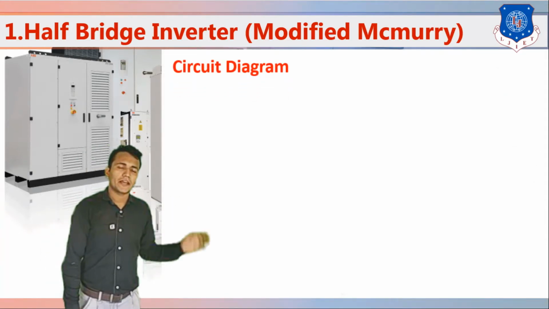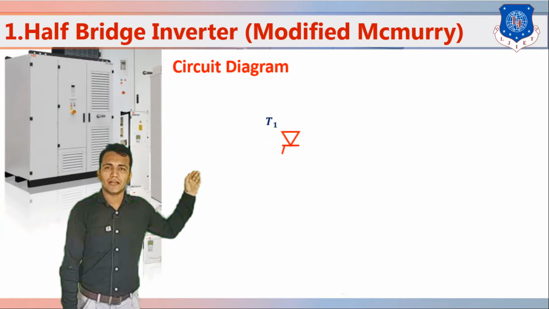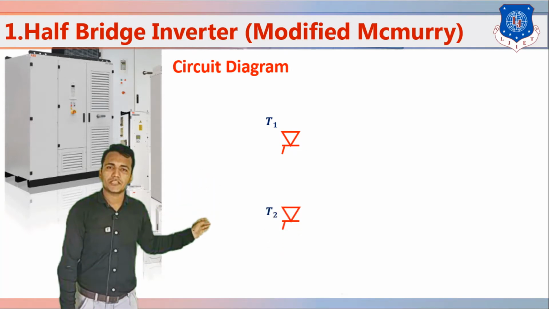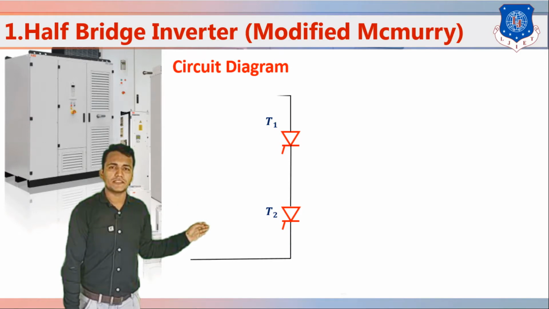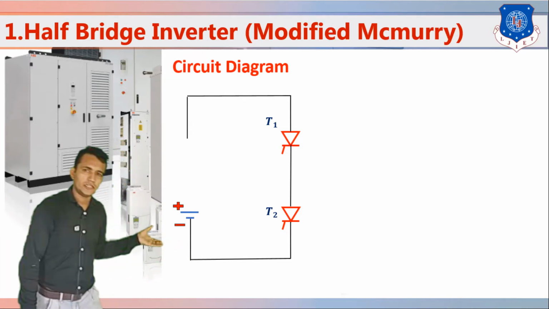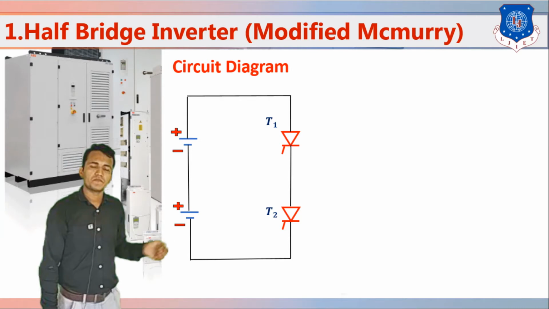In the circuit diagram, you can see we have taken the SCR, that is thyristor 1, T1, then thyristor 2, T2, and it is connected across the DC supply. Here you can see that is the DC supply, and another DC supply.